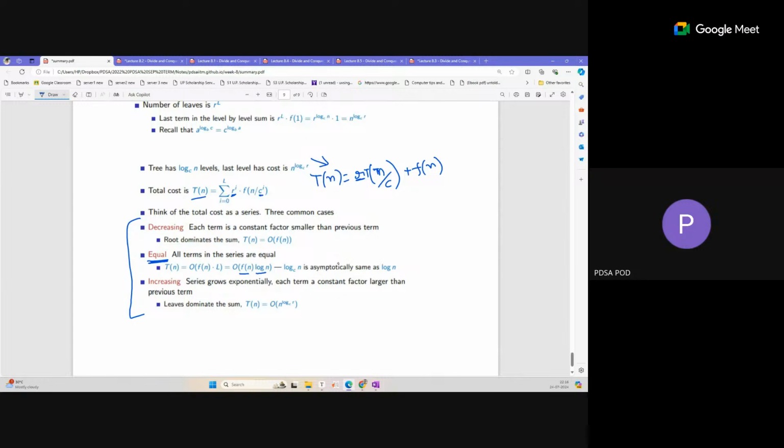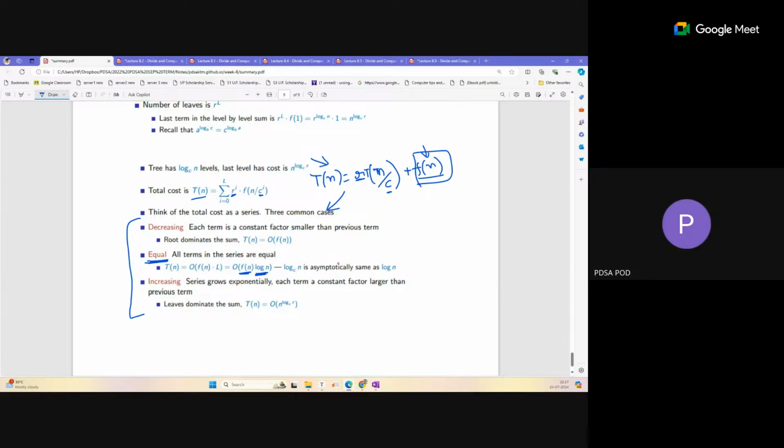So R is the number of times we are making the recursive call, C is the value we are dividing by, and Fn is the time taken apart from the recursive call. So we will use these terms here. If our number of operations is equal at each level, then you can directly put this complexity: Fn into log n.